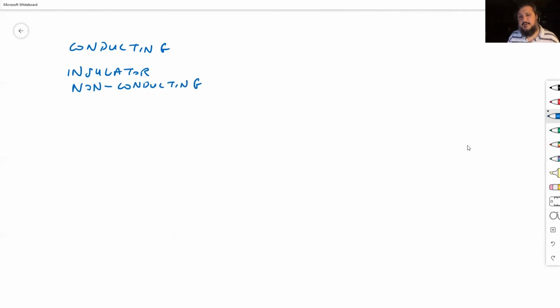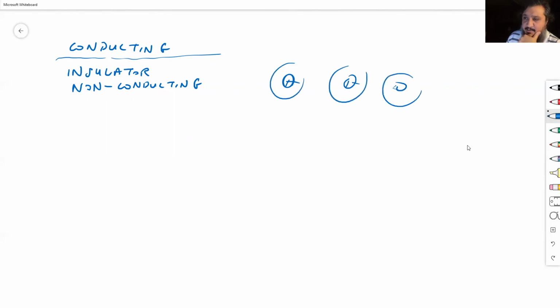And this has to do with the material, whether it has some free electrons or not. So in a metal, okay, let's say copper. In copper, you will have these nuclei, protons, positive charges, and electrons, many, okay? So most of the time, these electrons will be around the nucleus.